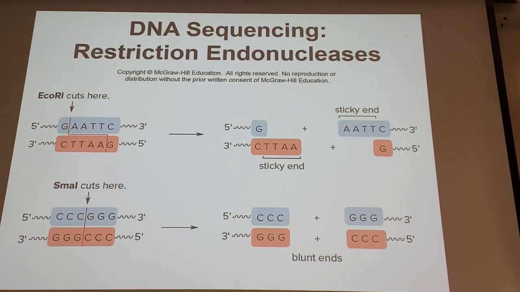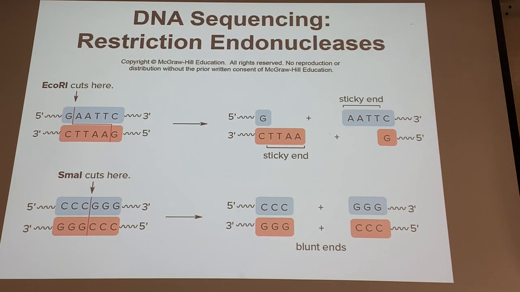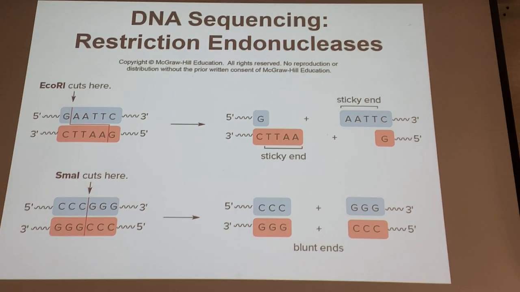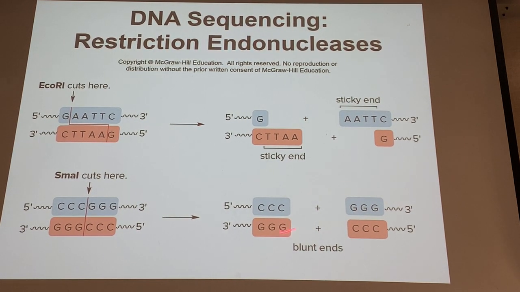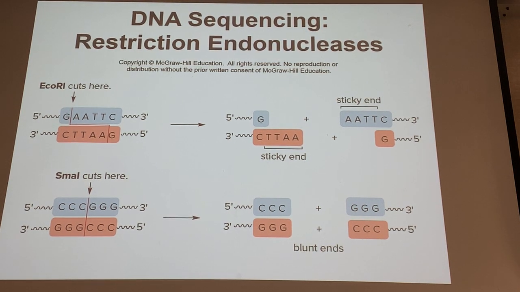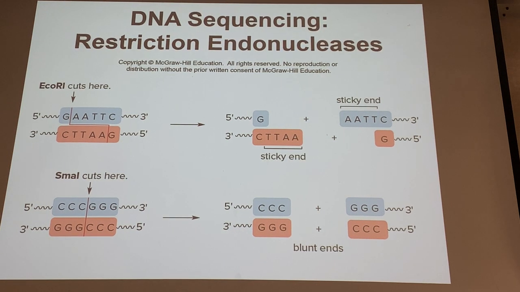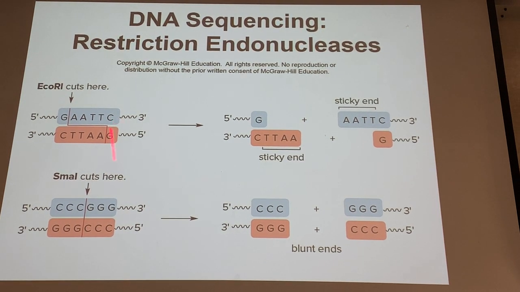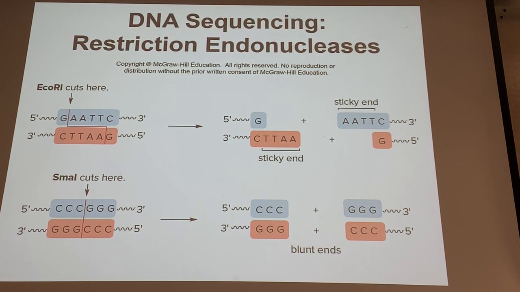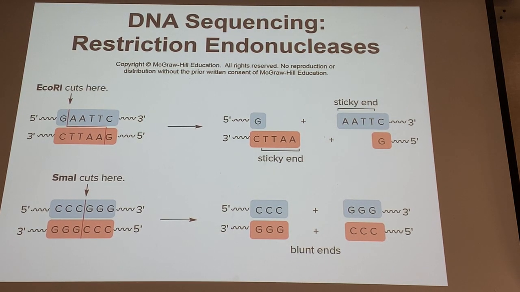Some of those restriction endonucleases will cut directly across the double-stranded DNA, giving what's known as blunt ends to the new and smaller double-stranded DNA pieces, whereas other restriction endonucleases will cut in different spots along the 2 strands, giving pieces that have what are known as sticky ends.